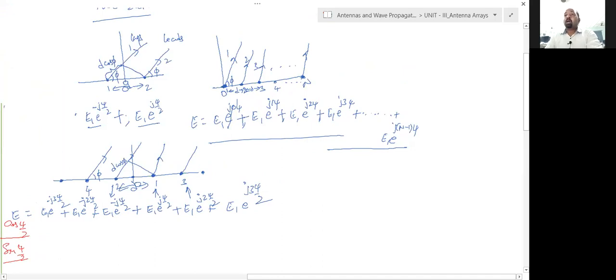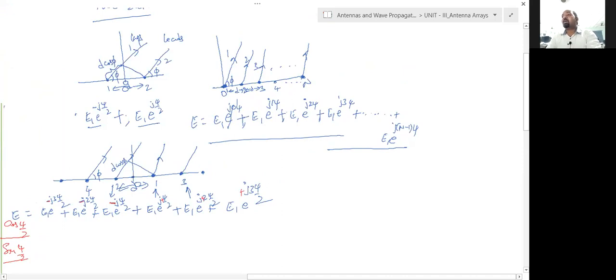If elements are spaced on both the right hand side and left hand side with respect to the origin, then for the left hand side elements we write minus, and for the right hand side elements we write plus.